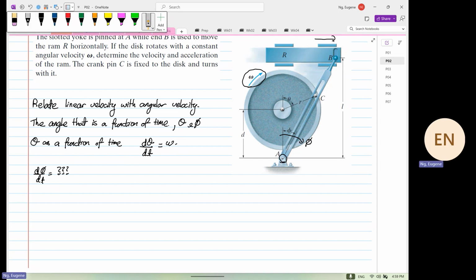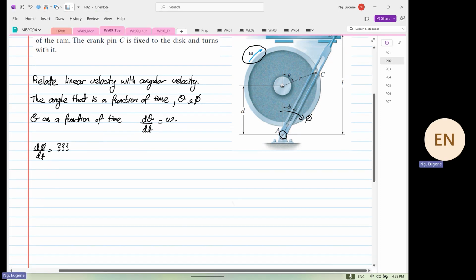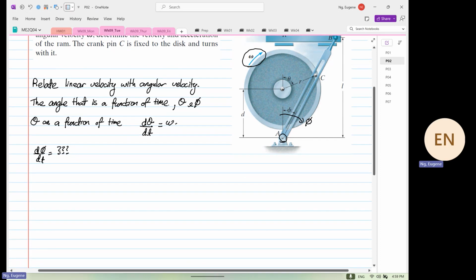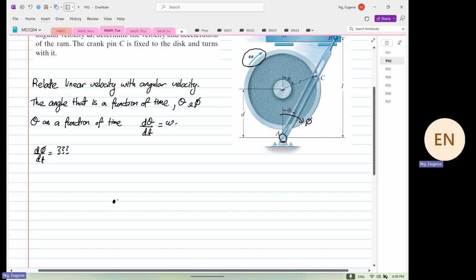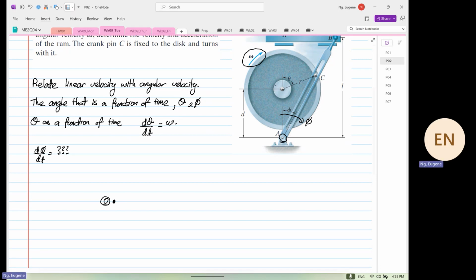So from here, we start drawing the critical points. We are aware that this is our point O. Point O is the center over here.